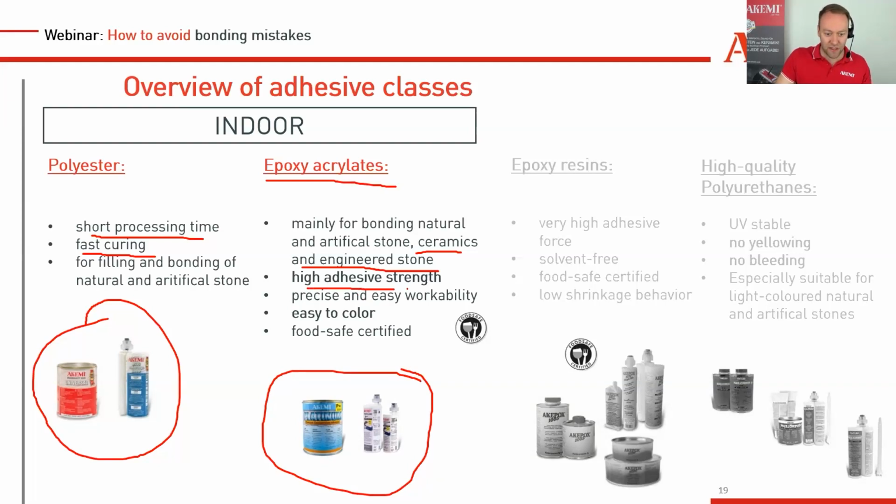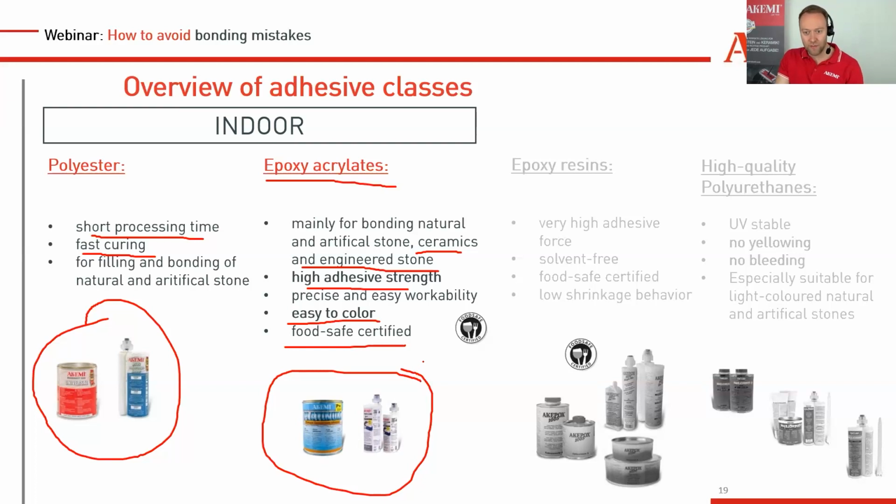So high adhesive strength. They're easy to color because they usually have a light color. So they are nearly transparent, milky white transparent. So they are easy to color, to adapt color for your work, and usually you can certify them food safe.